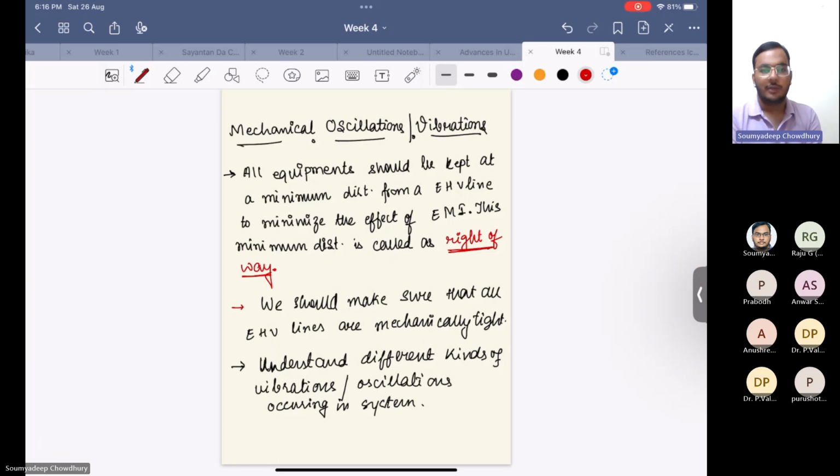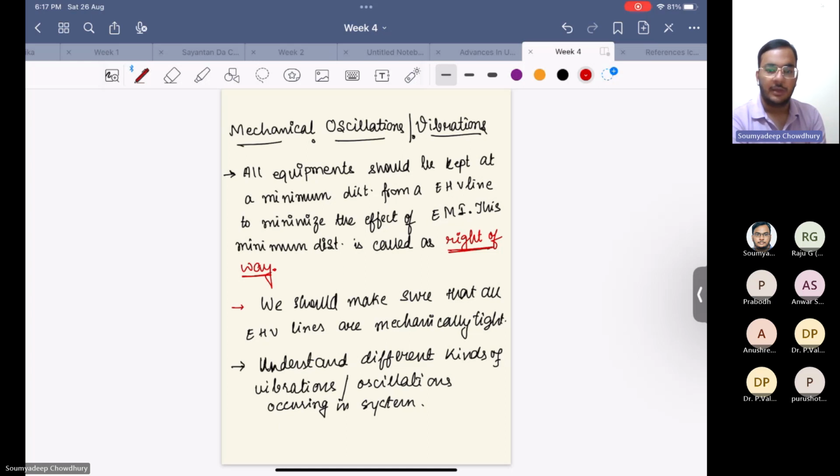Then we moved to a different topic, which one of the students had raised in the class. It was about the mechanical oscillations or vibrations. To minimize the effect of electromagnetic interference and electromagnetic compatibility, we have a minimum clearance distance between the different high voltage equipments and transmission lines, which is known as the right of way.